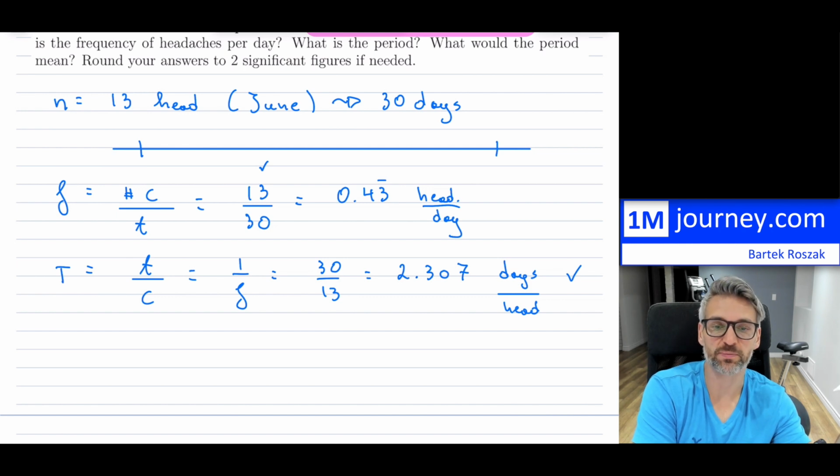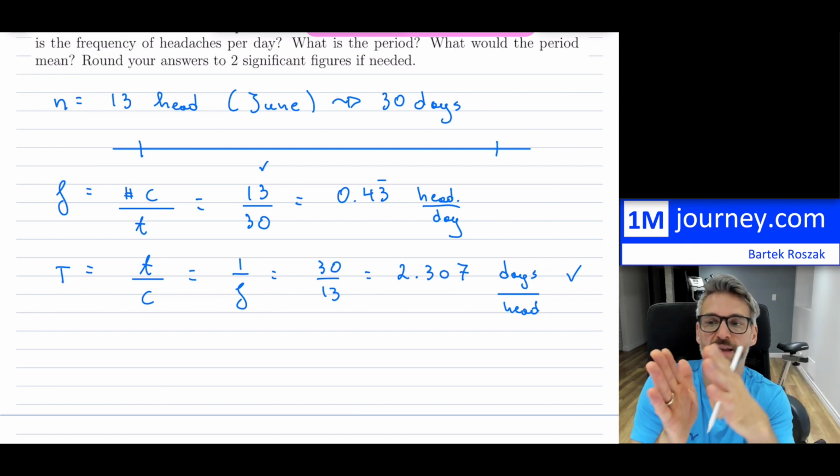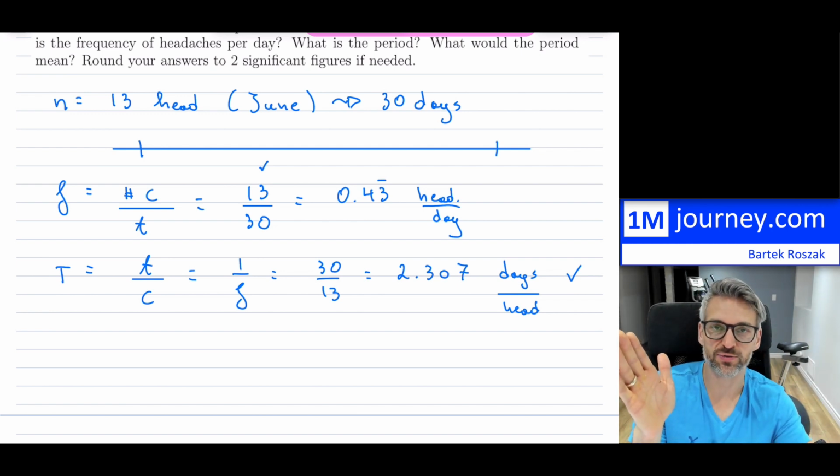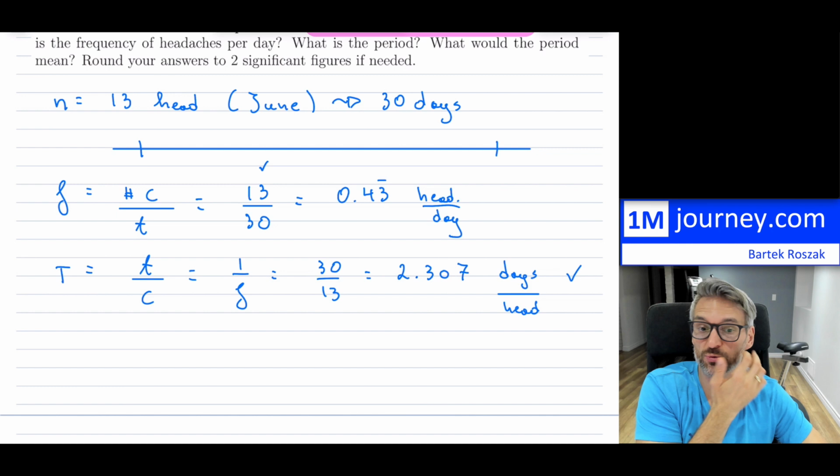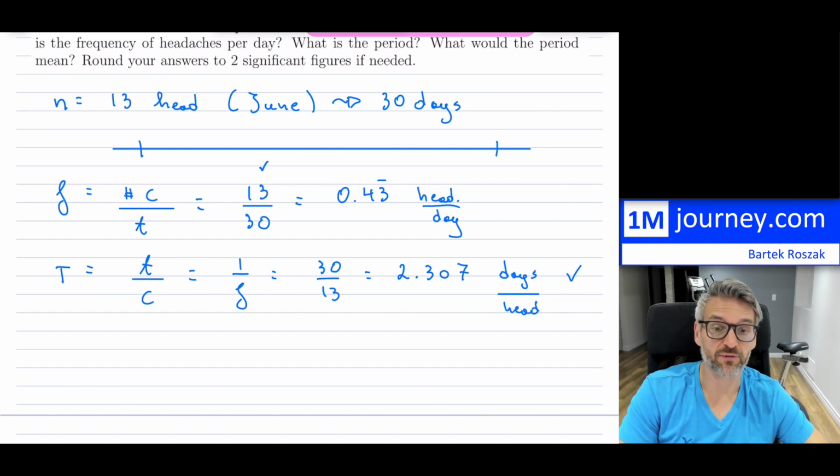Now, we may not know that, because that would mean that they're evenly spaced out. It may not always be evenly spaced out, but if somebody told you that's the period, it would simply tell you your headache is coming every 2.3 days.